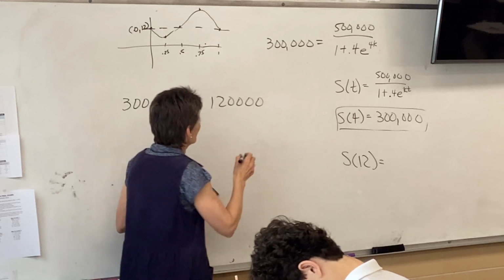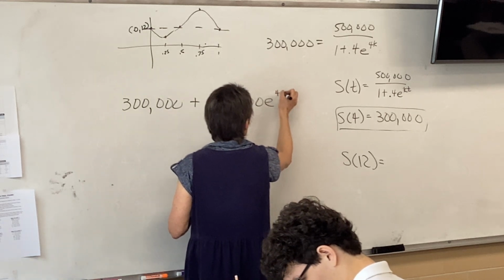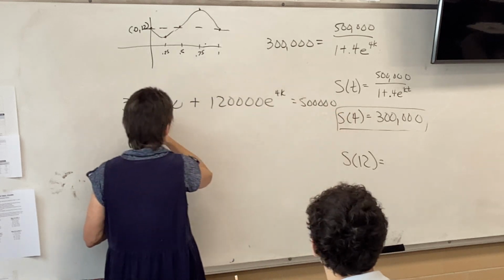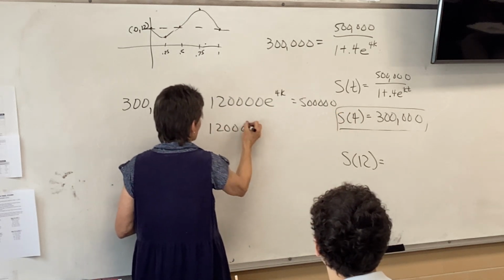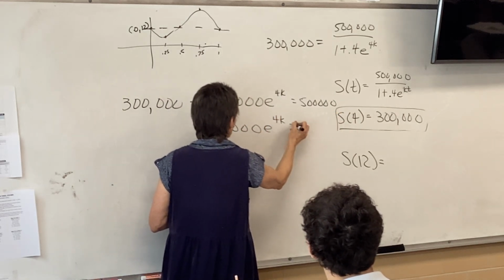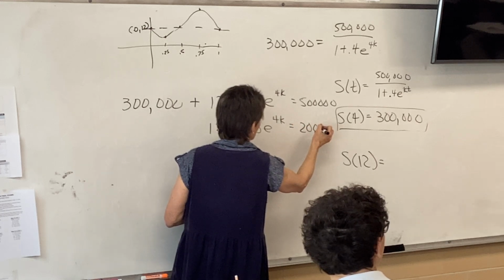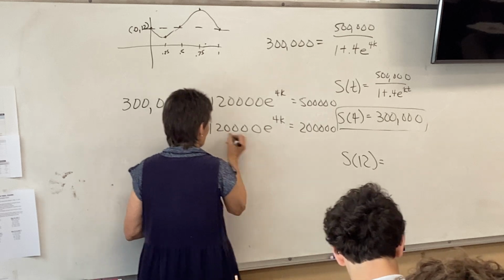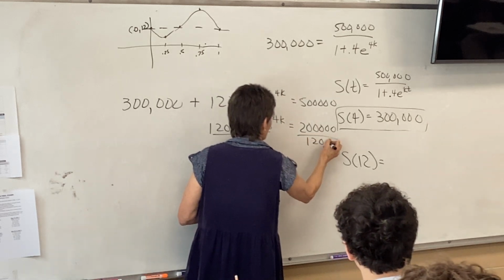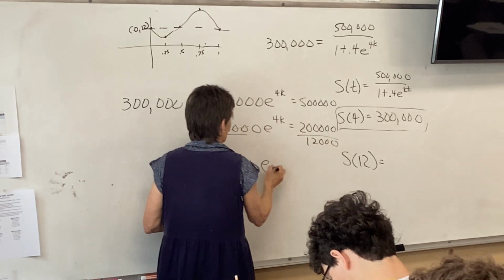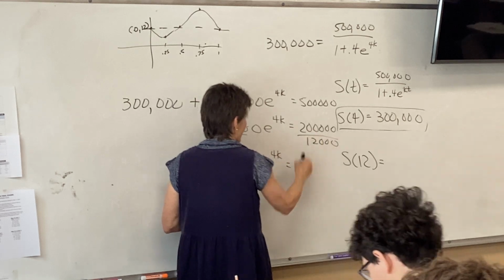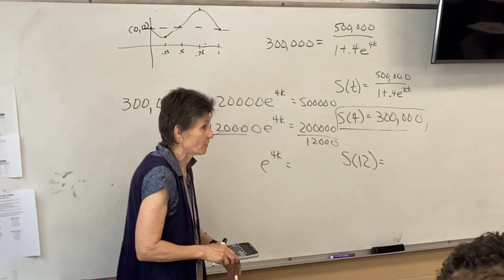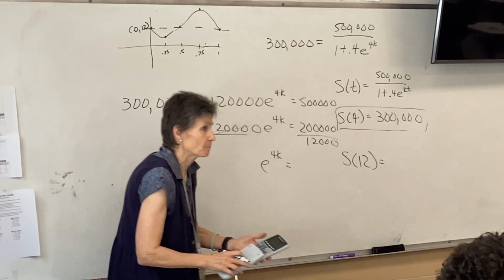Yeah. And then you would subtract the 300,000. This is if you were doing it without a calculator. And then divide by the 12,000. And then ln both sides. Remember how to do that, yeah. So, but you can also do it graphically with your calculator. Okay?